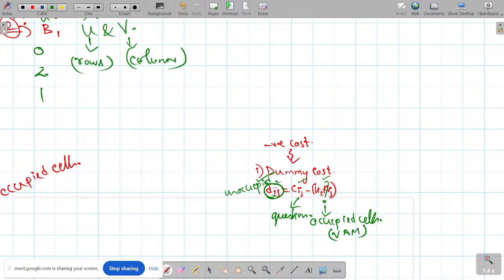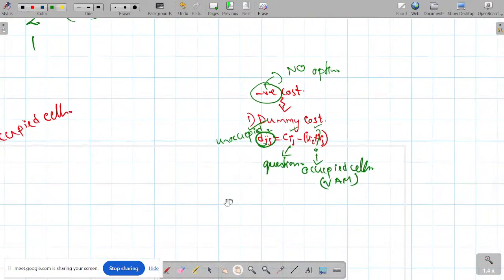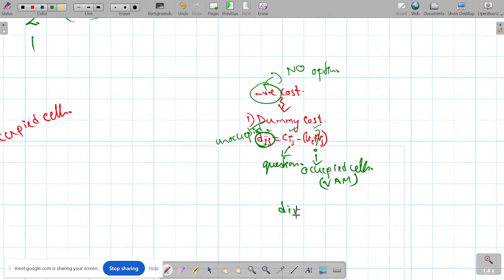What we are going to do is find whether this dij is negative. If it is negative, optimality is not reached. So we have to get either zero or positive. This dij should be greater than or equal to 0, which means it's optimal. If it is less than 0, it means no optimality, and you have to proceed with small rearrangements in the problem and check.